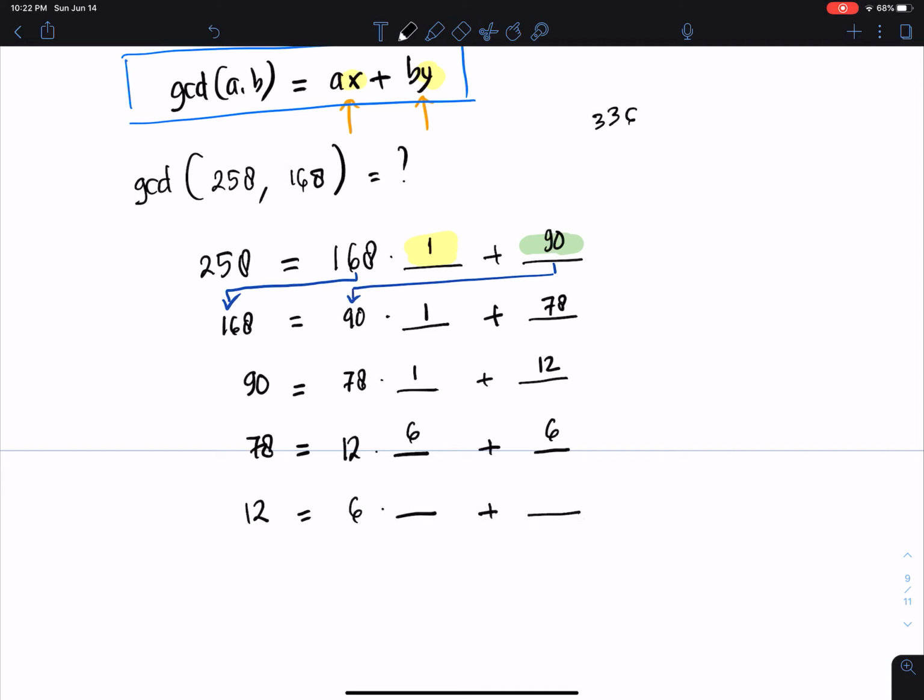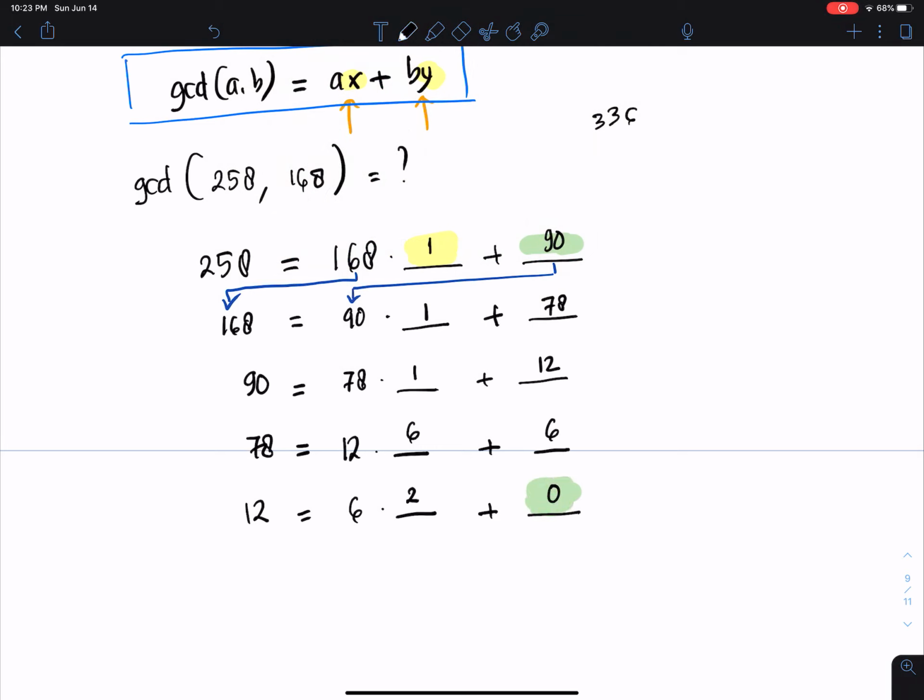What number do we multiply by 6 in order to get close to 12? We have 6 times 2, which is 12. So what will be the remainder? 0. Here we go, this is the stopping criteria. Once we hit 0, then we stop.